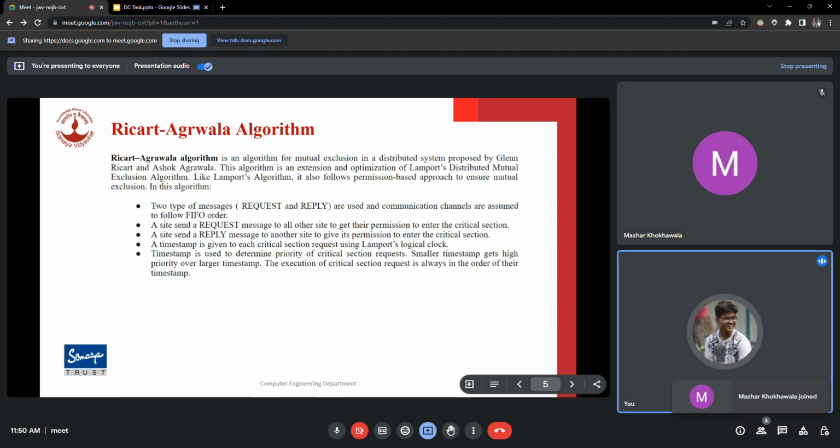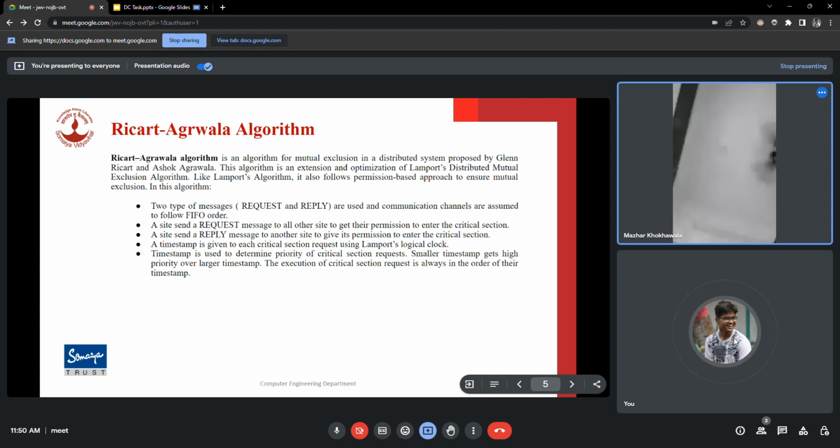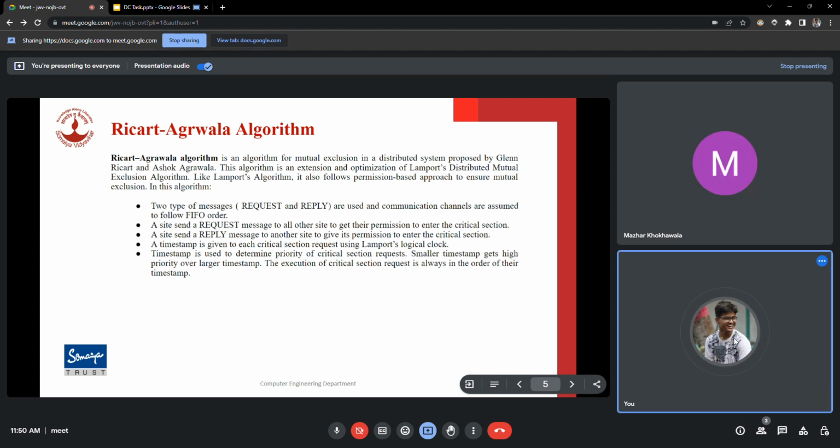In this algorithm, we have two types of messages, request and reply, which are used to communicate in different channels, and the order is the same, which is FIFO order.